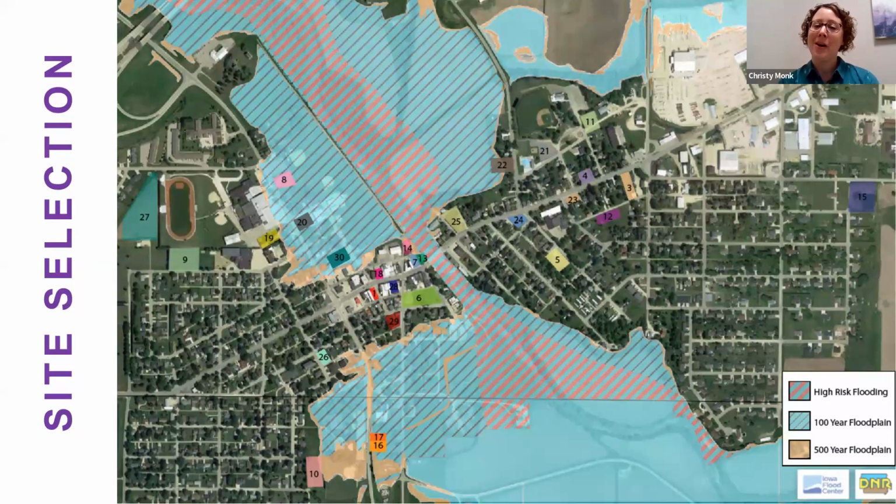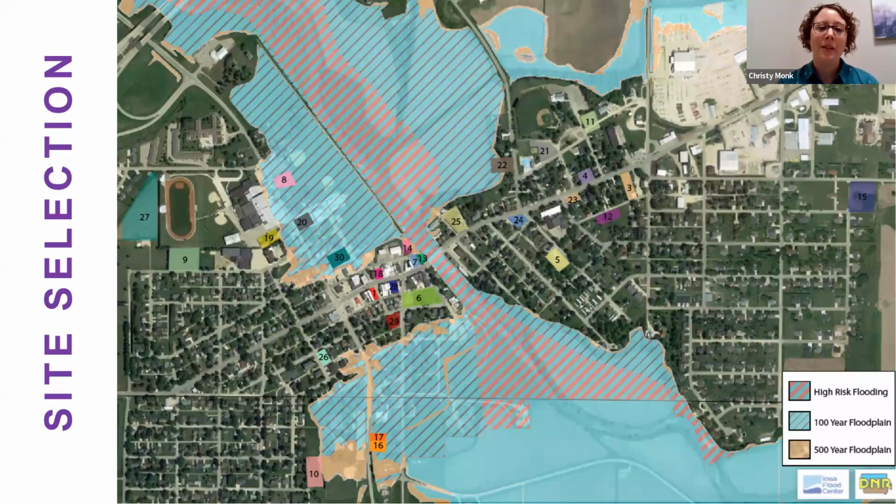Oftentimes an impartial third party can be helpful, like an architect coming in and asking if certain sites are available. And then we evaluated these sites using the goals and criteria that we set, like not in a floodplain or walkable to the downtown area. The existing library is box number 1, that little tiny red box that you see on the left side of the floodplain there.